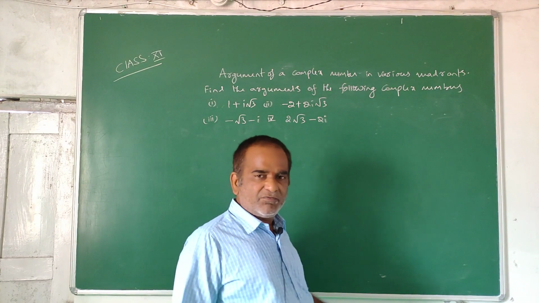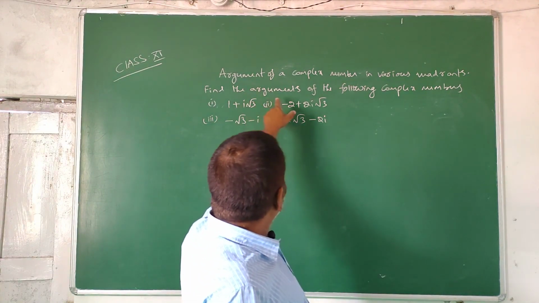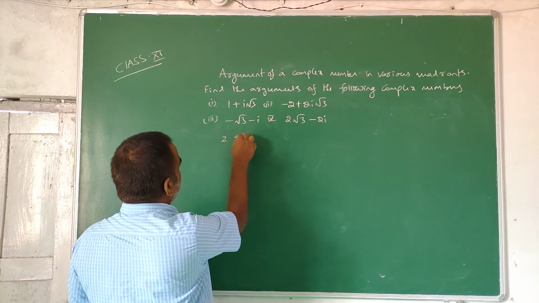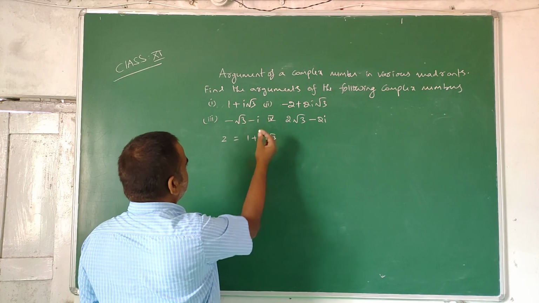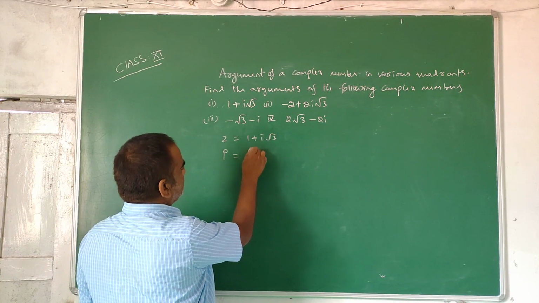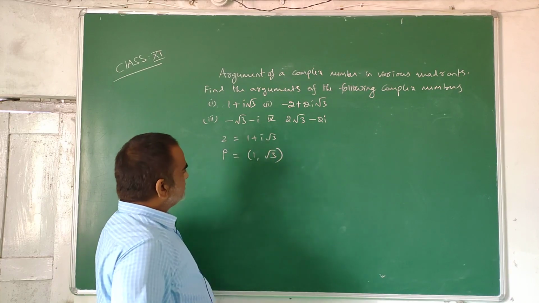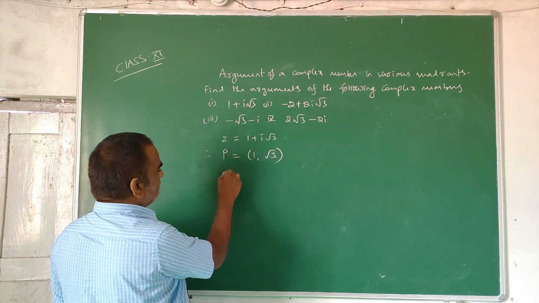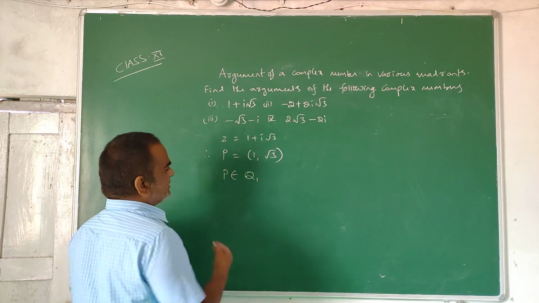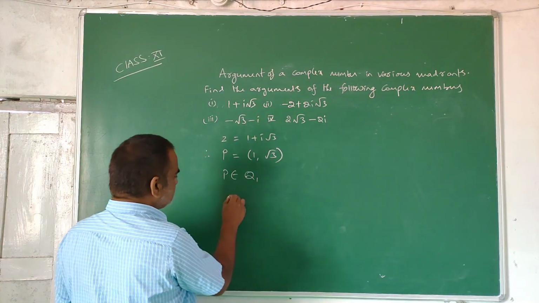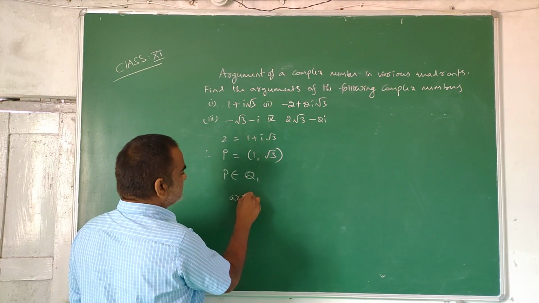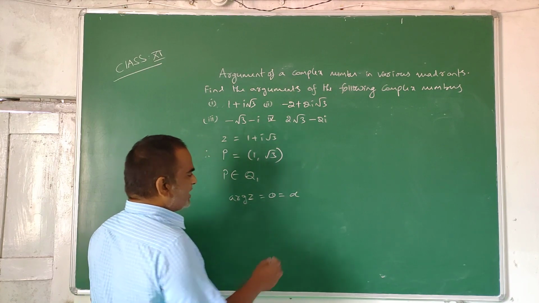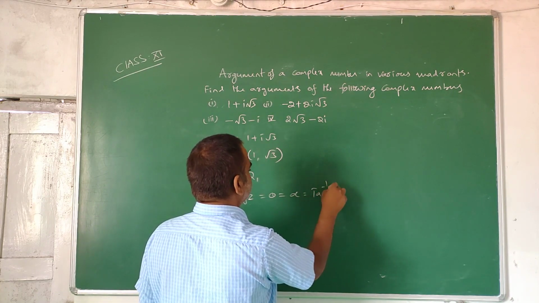So dear students, now we are solving small examples. Find the arguments of the following complex numbers. First, let us take Z equal to 1 plus i root 3, which represents the point (1, root 3) in the Argand plane. Therefore P is (1, root 3), P belongs to Q1. Then argument of Z, theta, is equal to alpha, which is tan inverse y by x.